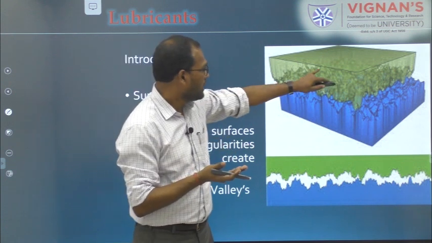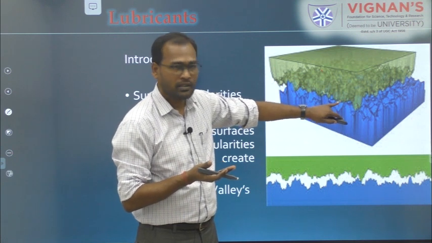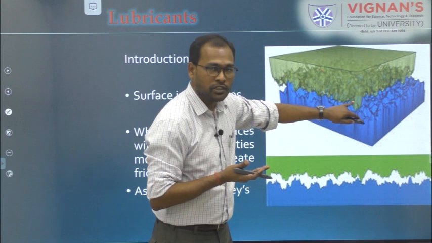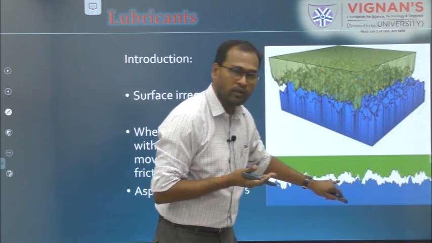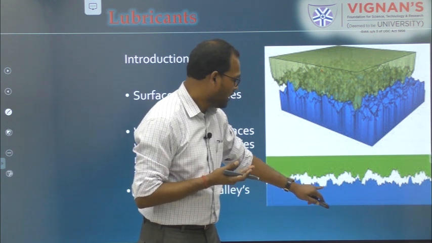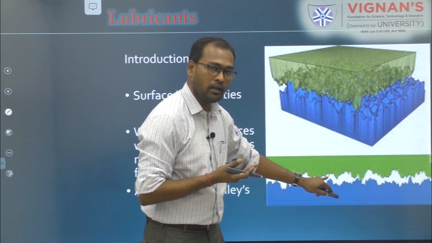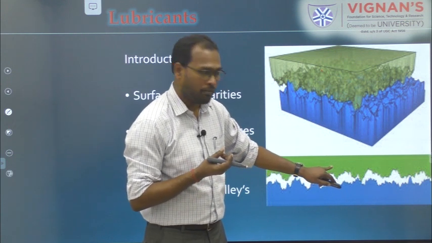You can take these green and blue metal surfaces, magnified here. You can see the irregularities over the surface. Some have a dip, some have a peak, and these dips and peaks are the ones which are going to resist the lubricating property.